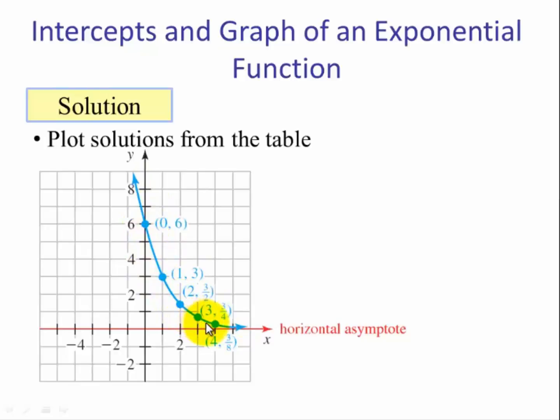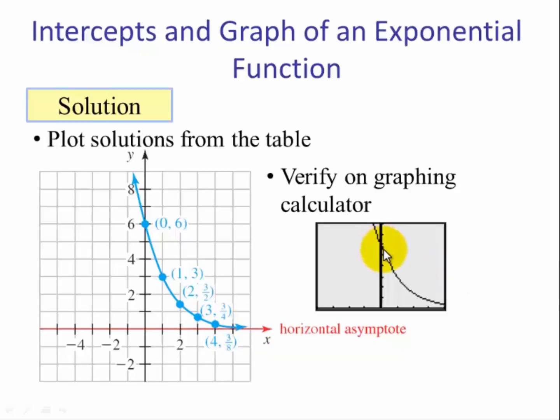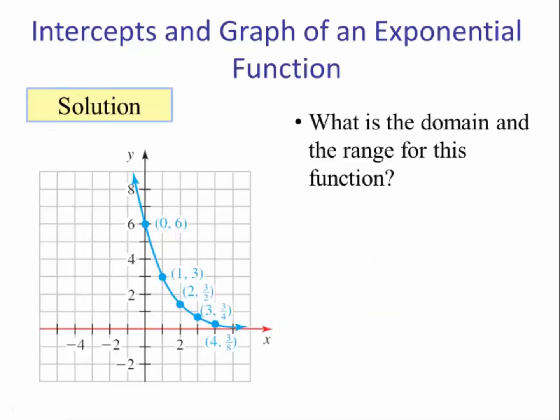It gets closer and closer to the x-axis, but it never does touch it. Viewing this on the graphing calculator, we see as x increases, y gets closer and closer to 0, but it never does touch it. What's the domain and range of this function?